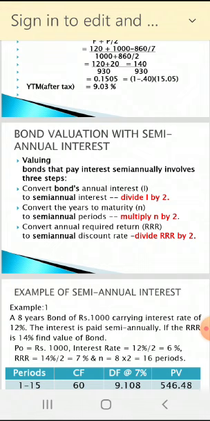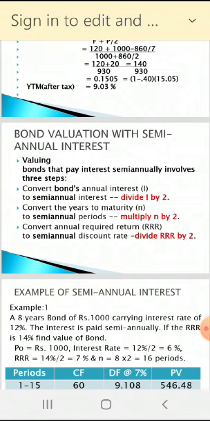Suppose you have a 7 year life of the bond, multiply by 2, so you will find 14 periods, not years, periods. 1 year is equal to 2 periods because 6 months plus 6 months is equal to 1 year. So we have to multiply N by 2. In interest we divide by 2. Here we multiply by 2.